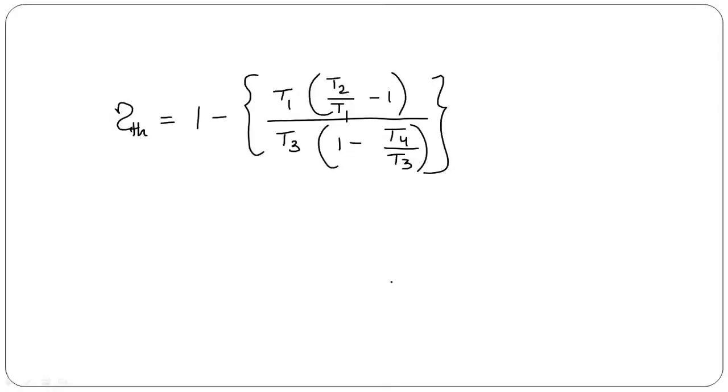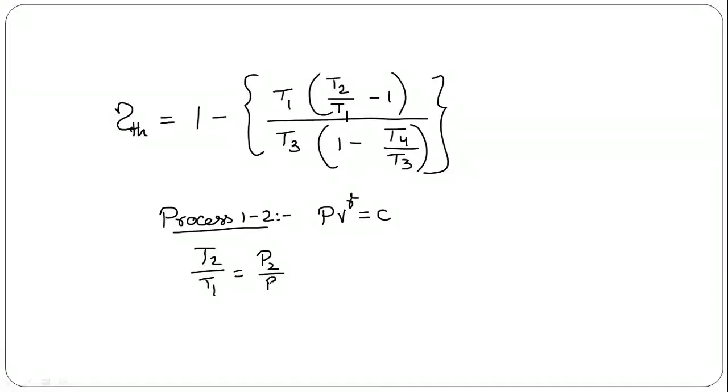Now see process 1 to 2. Process 1 to 2 is isentropic compression. So we can write this as PV power gamma equal to constant. From this, T2 by T1 is equal to P2 by P1 whole to the power gamma minus 1 by gamma. See, P2 by P1 is nothing but the pressure ratio.